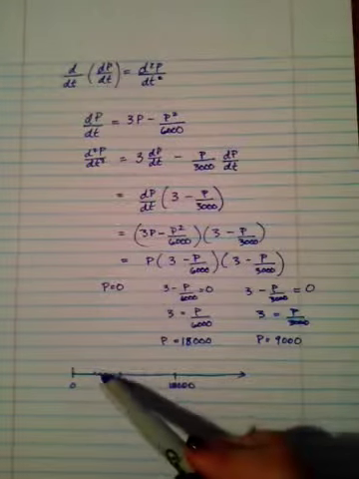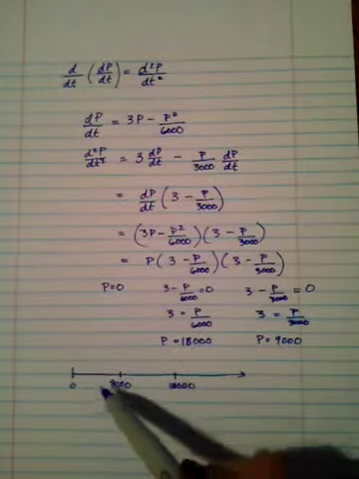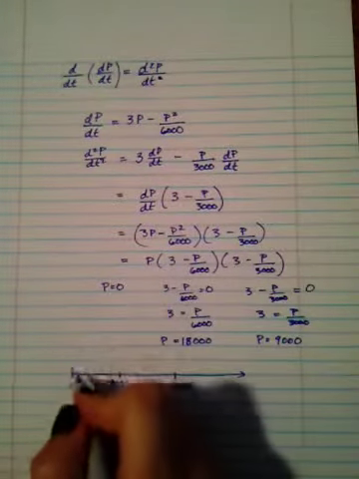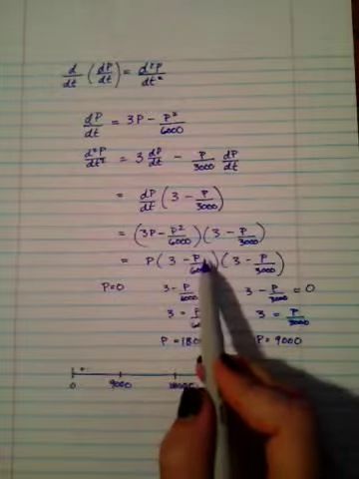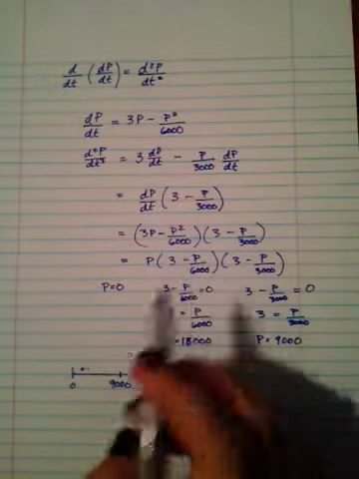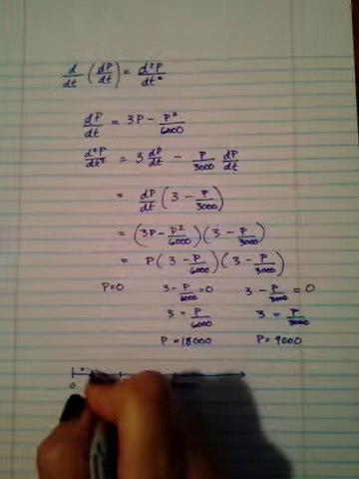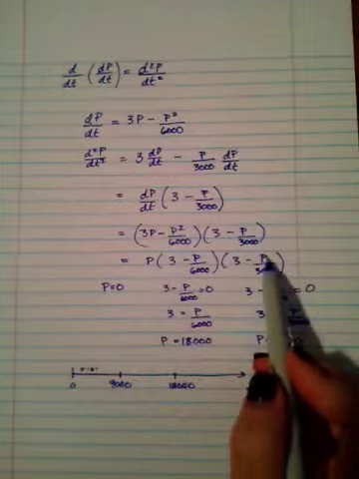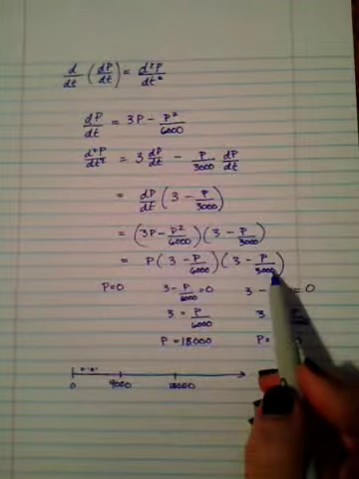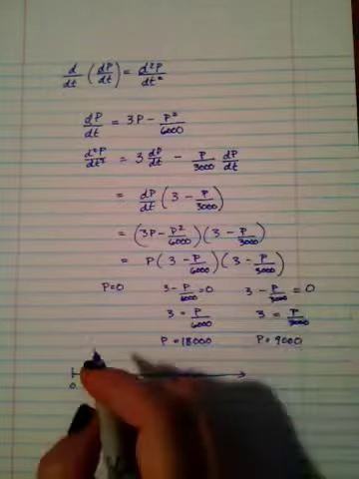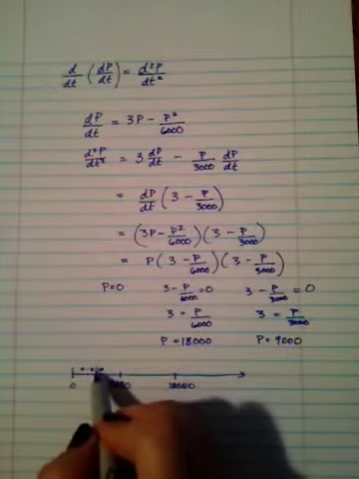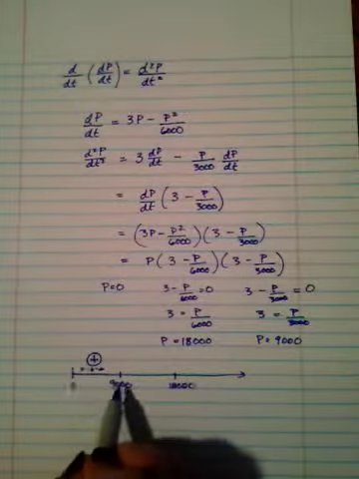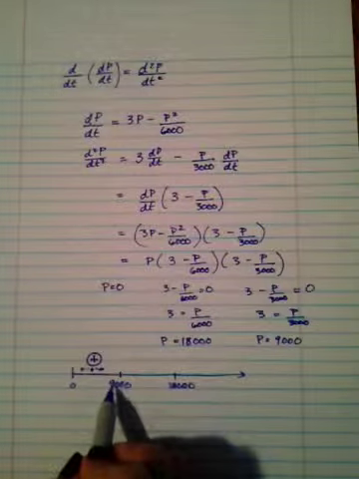So if I pick a number in here, like say 4,500, and I plug it in, I'm going to have a positive times, now 4,500 over this makes a fraction less than 1, so 3 minus something that's less than 1, another positive, times, and then 4,500 over 3,000 is more than 1 but less than 3, a positive. Positive times a positive times a positive tells us that my second derivative is positive, so my function will be concave up in this interval.